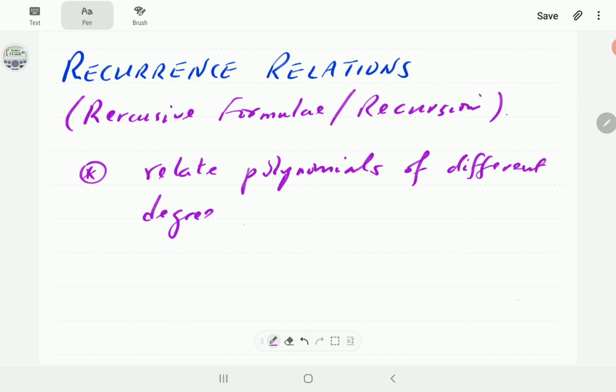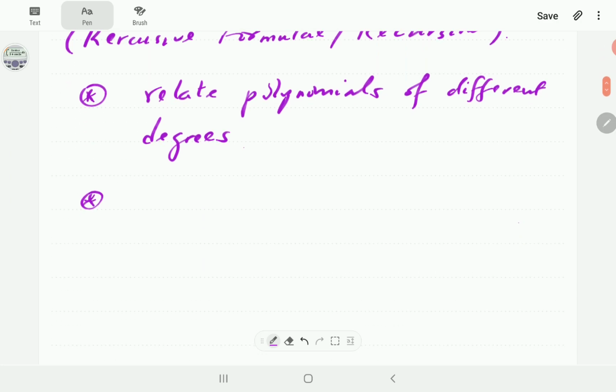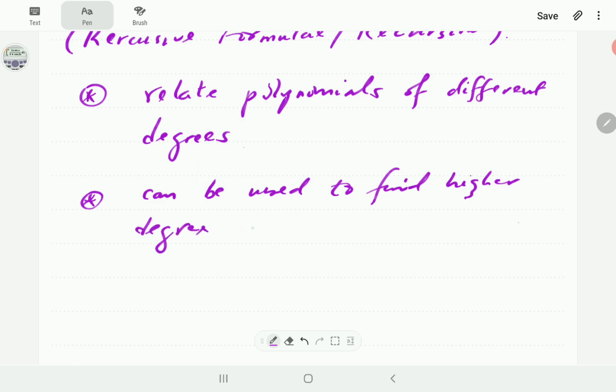So then naturally these formulas can be used to find higher degree polynomials if the lower degree polynomials are known, so they can be used to find higher degree polynomials from the lower degree polynomials.